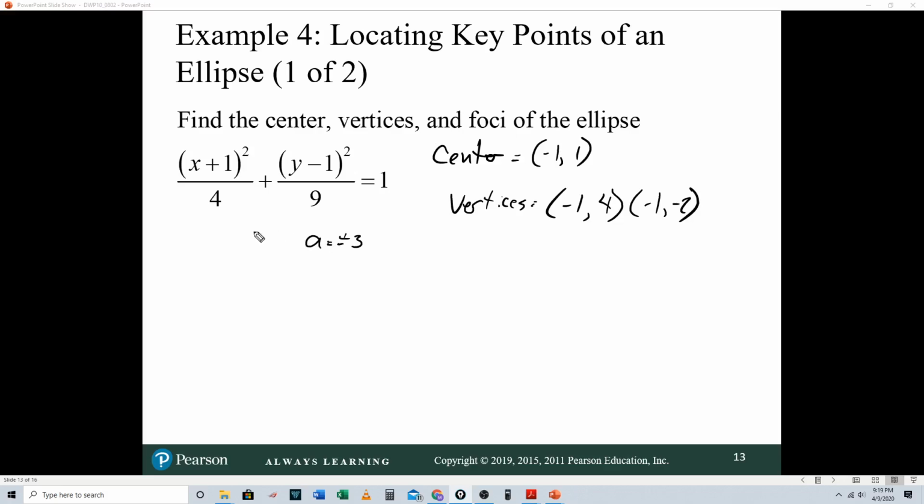And then the foci points, which means I need to find c. We know that c is equal to the square root of a squared minus b squared. So we already know 9 minus 4, which is the square root of 5.